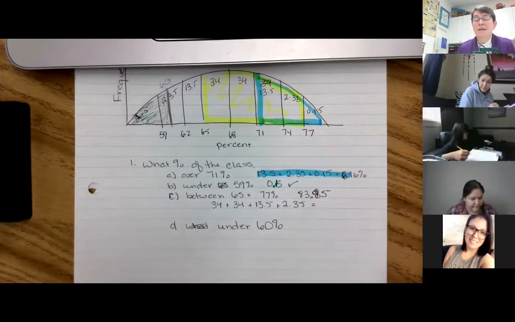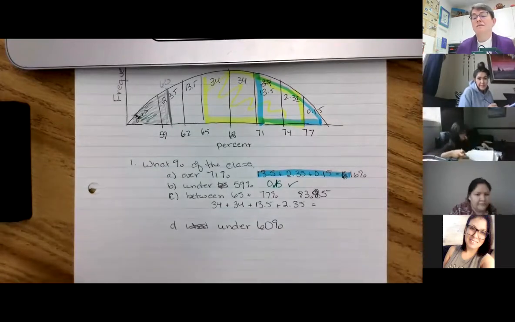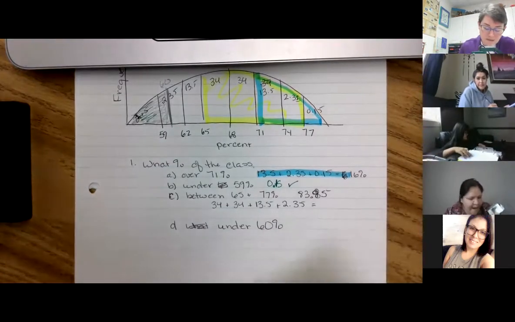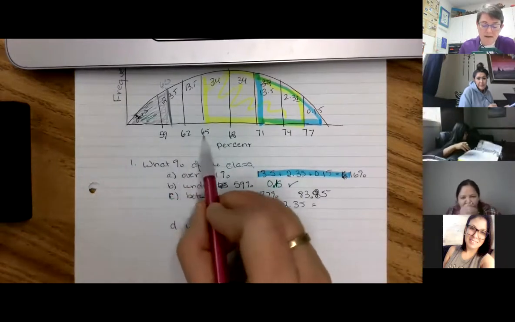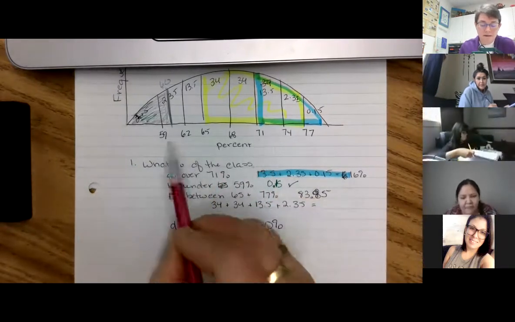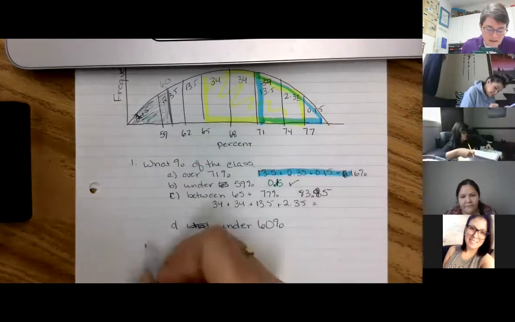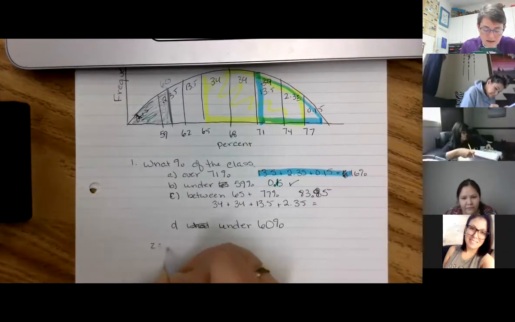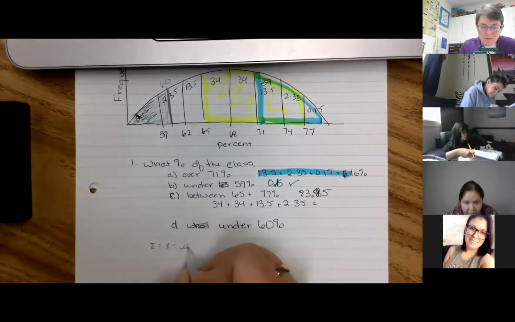I like to estimate, but I notice that drives students nuts. So that's just my guess. When the number you want is not across the bottom, you need to use a Z score. So Z is X minus mu over sigma.